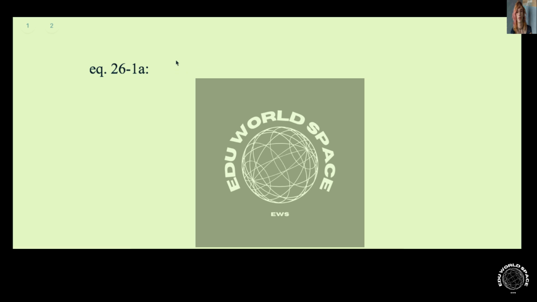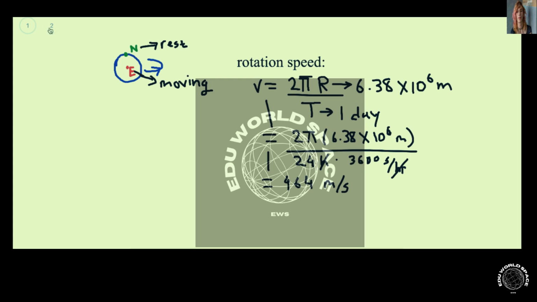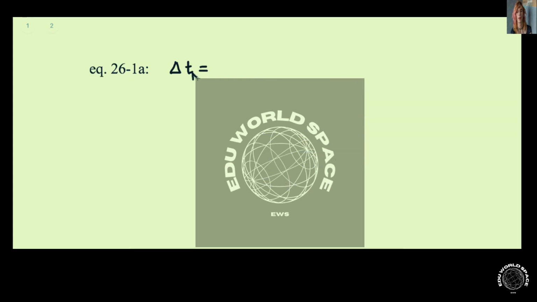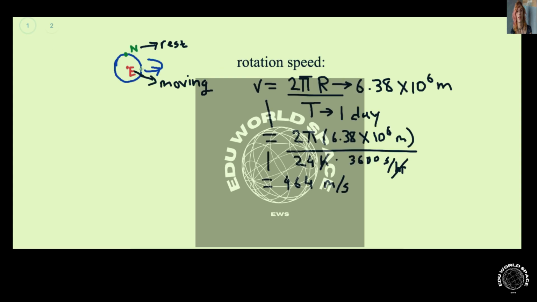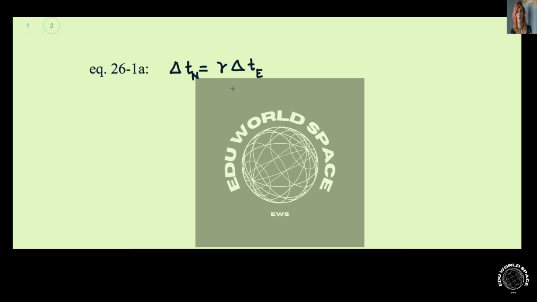And it says that delta t, in this case the rest frame delta t, so that would be delta t sub N to mean the North Pole, is equal to gamma times delta t sub E, which is the moving frame, which is to say the equator's measured time.